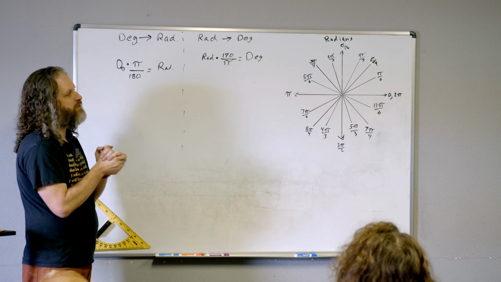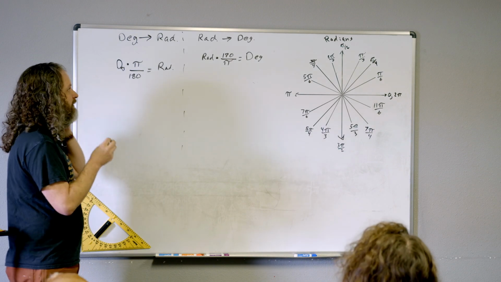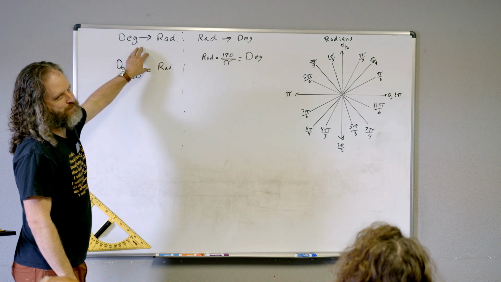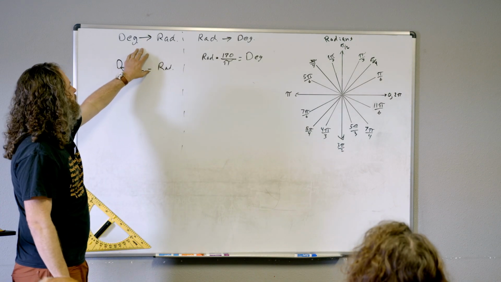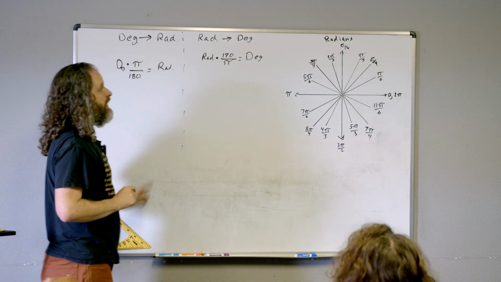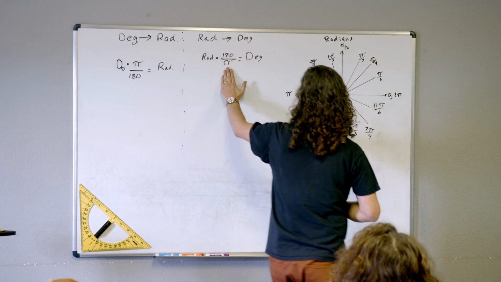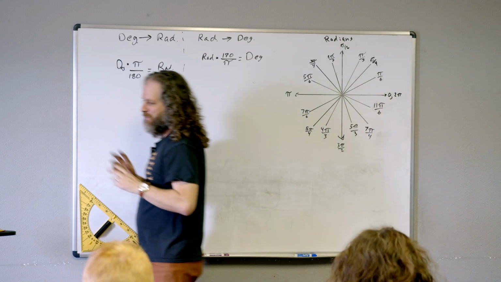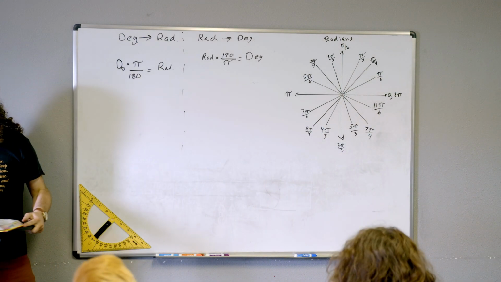Pi. So if we want radians, the pi is going to be on the top because it's probably going to stay in. So to get radians, you multiply by pi over 180. To get degrees, we want the pi to go away, so pi is on the denominator. That's how I remember it and make sure of what I'm doing.